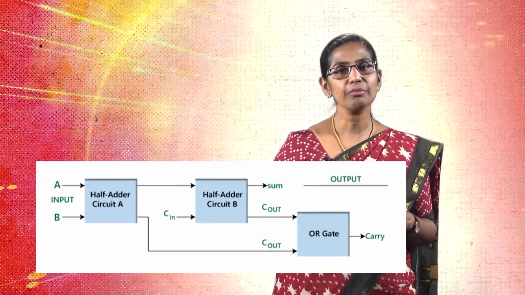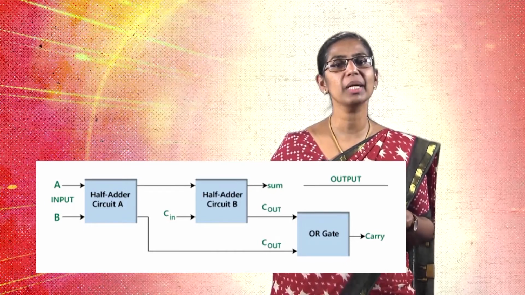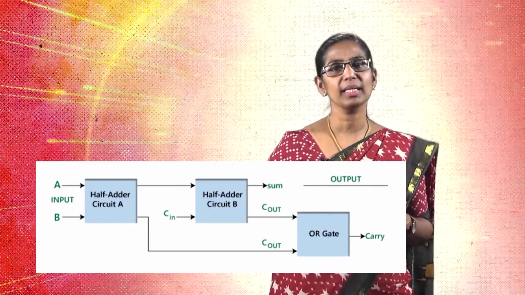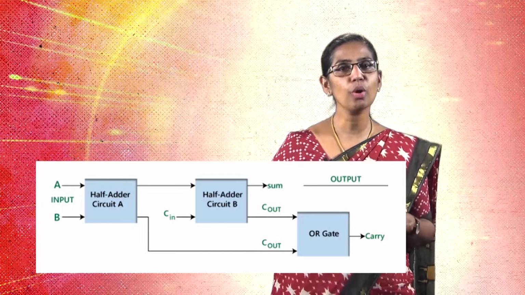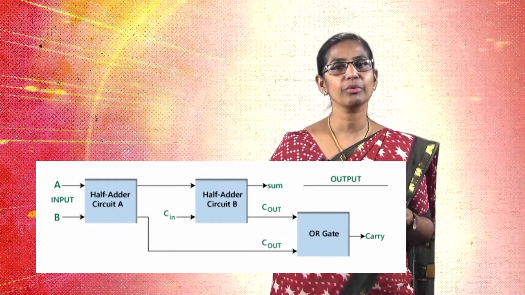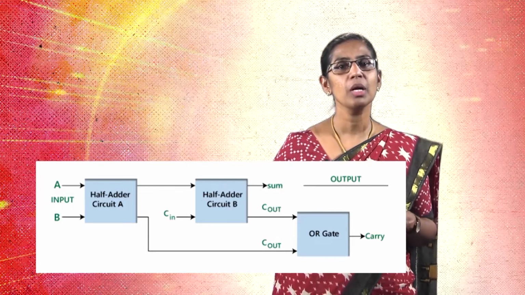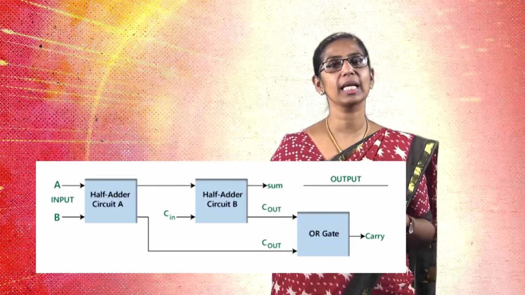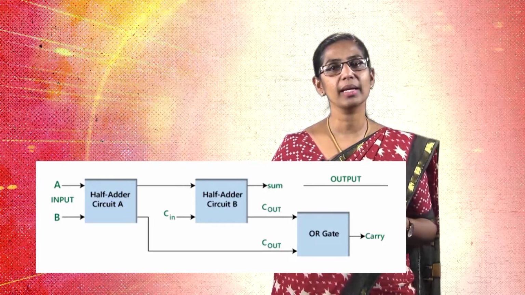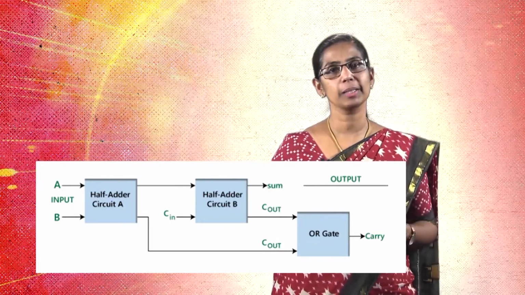The first half adder has two single bit binary inputs A and B. As we know, the half adder produces two outputs, sum and carry. The sum output of the first half adder becomes one of the inputs for the second half adder, and the carry output of the first half adder goes to the OR gate.